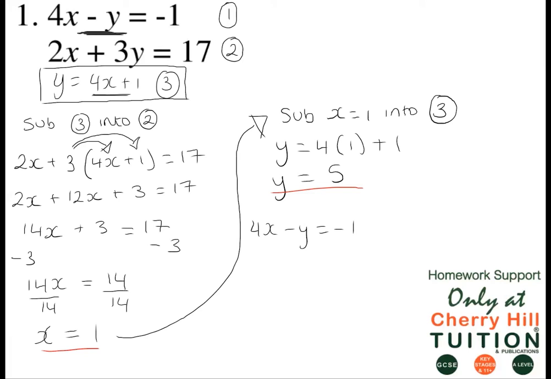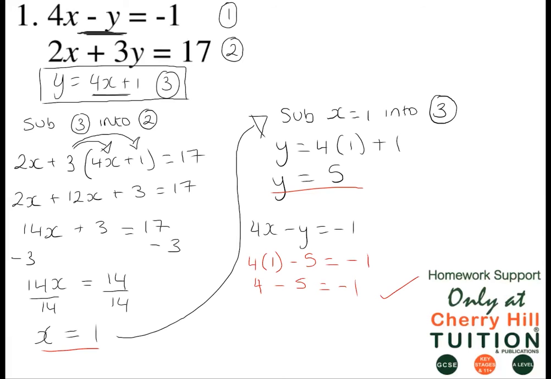So 4 multiplied by x is 1, minus y, which is 5, should be equal to minus 1. 4 minus 5 is equal to minus 1. So we know that it fits in the first equation.